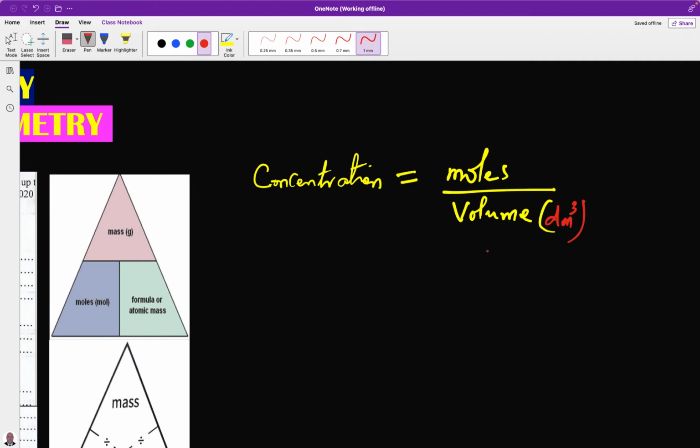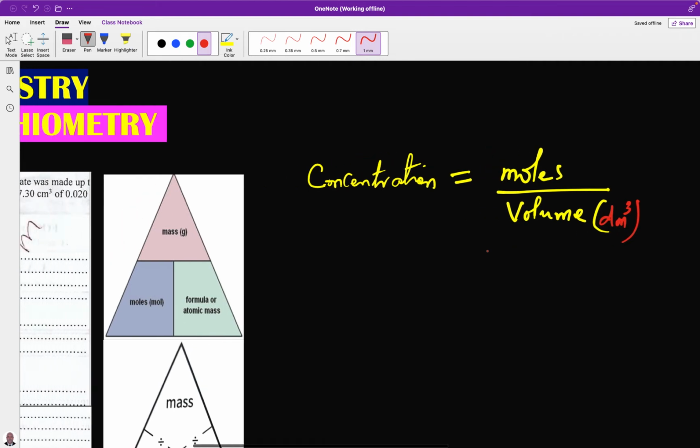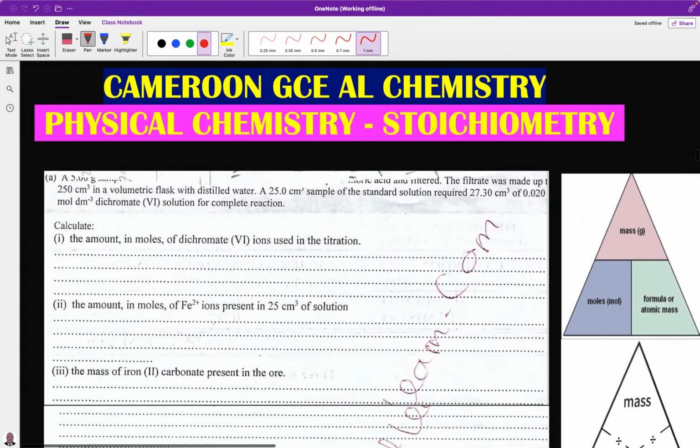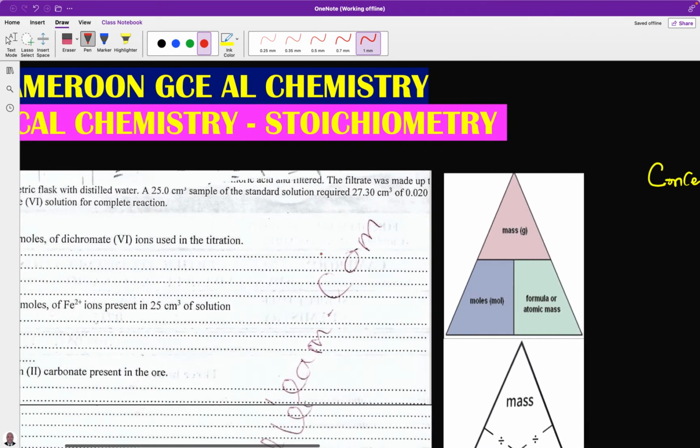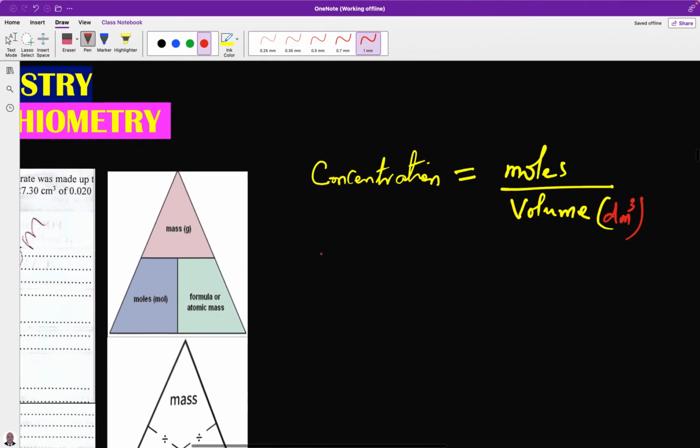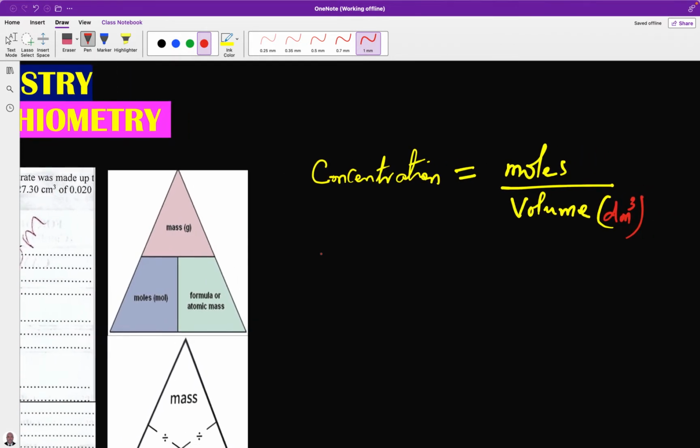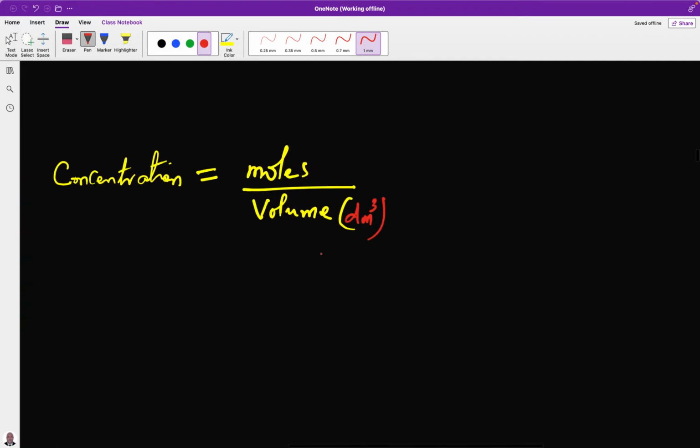Okay. Now, we have been told to calculate the amount in moles of dichromate 6 ion used in the titration. Very good. Now, we have to rearrange this equation to give us the number of moles.